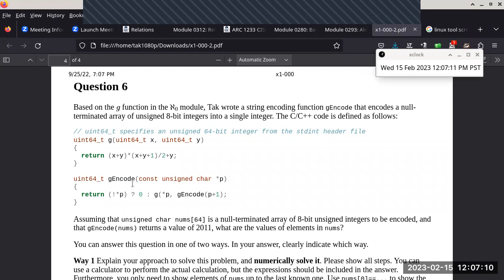This condition is the logical negation of whatever P is 1 and 2. It's looking at whatever P is 1 and 2 as if it is a Boolean value, but it's not, because P is obviously pointing to an unsigned char. That is true, but in C and C++, there's such a thing called coercion, also known as implicit type conversion.